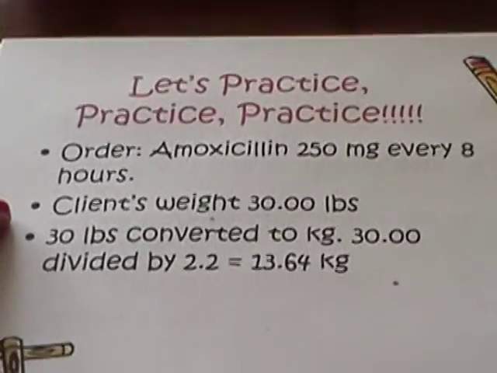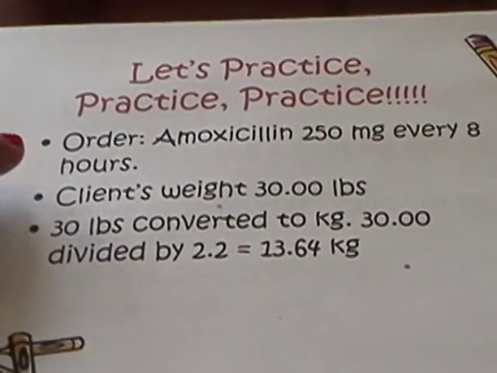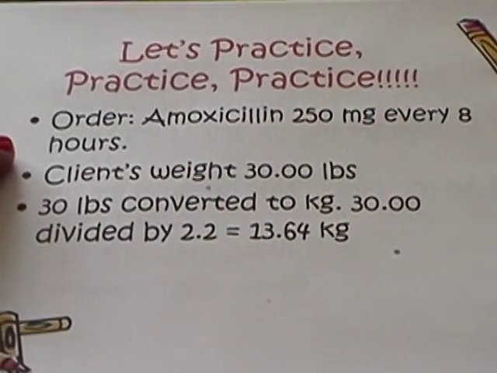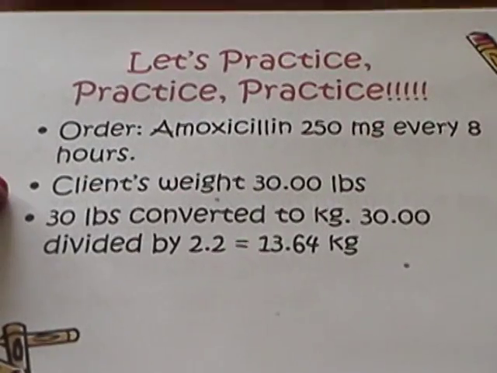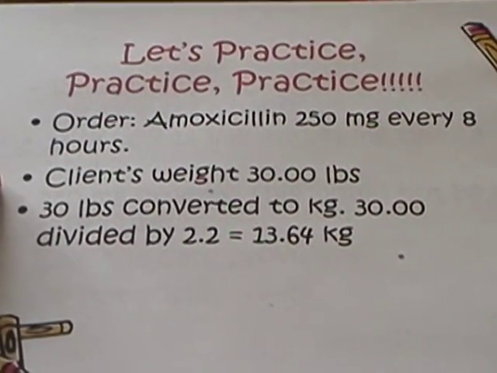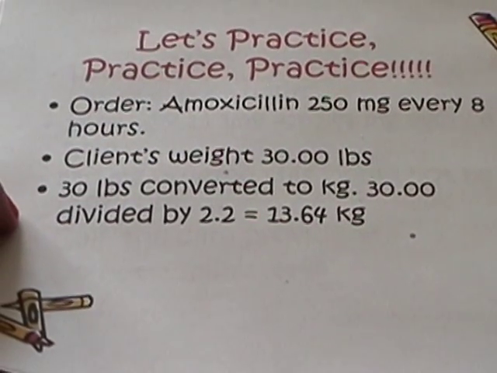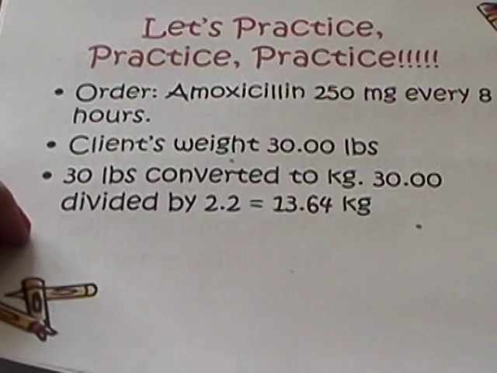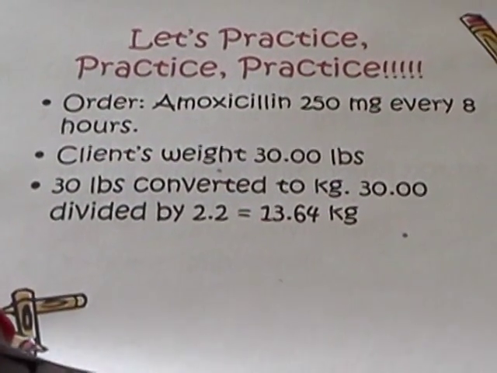Now let's practice, practice, practice, and work another problem. We have an order for amoxicillin, 250 milligrams every 8 hours to be given. Our client's weight is 30 pounds, and we verify that it's an accurate weight and a recent weight. We convert our 30 pounds to kilograms by dividing 30 divided by 2.2. We get 13.64 kilograms.